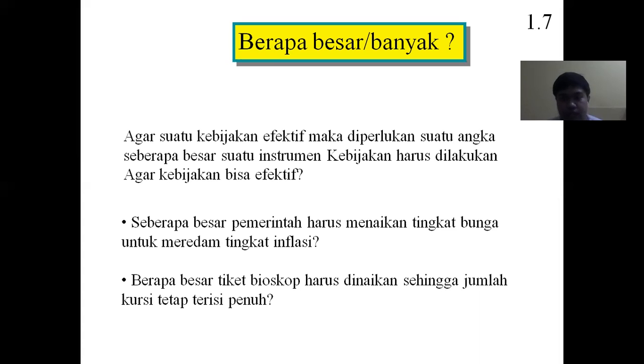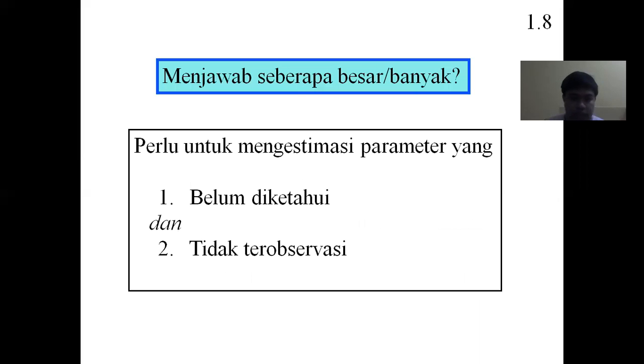But to answer those two questions, we must define the relations between the interest rate and inflation, and how the cinema ticket price will affect the occupancy rate of the studio. And to answer how big or how much, we should estimate the parameter.